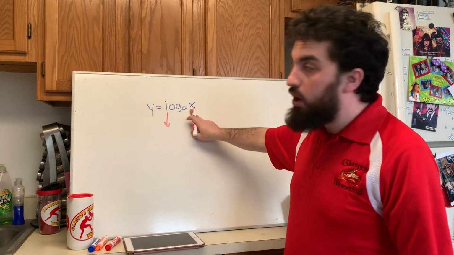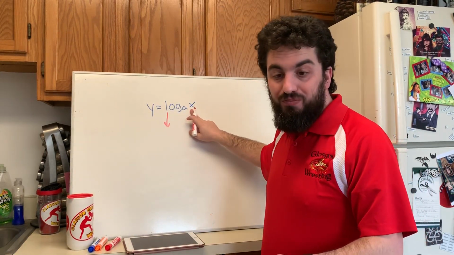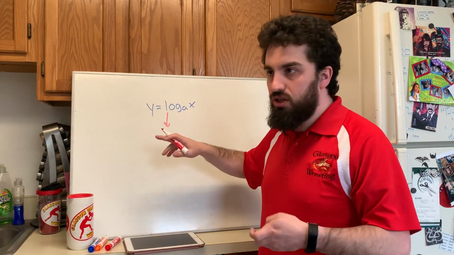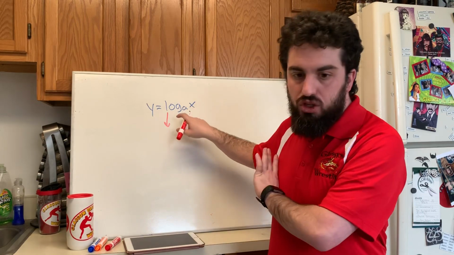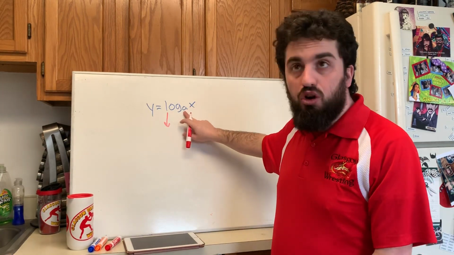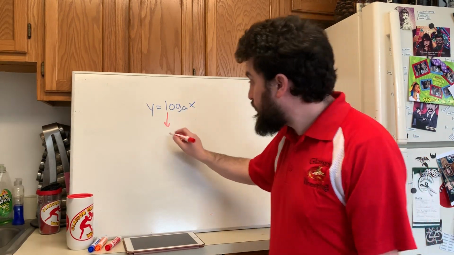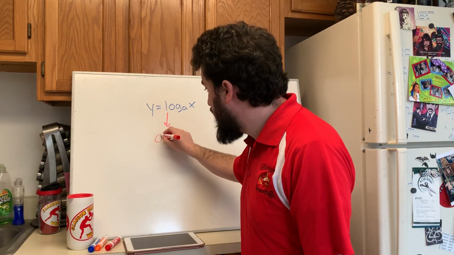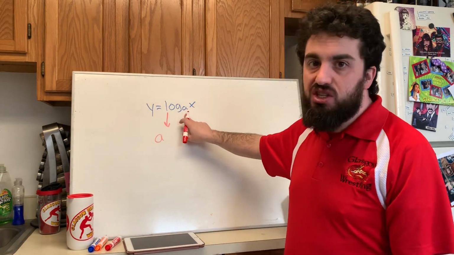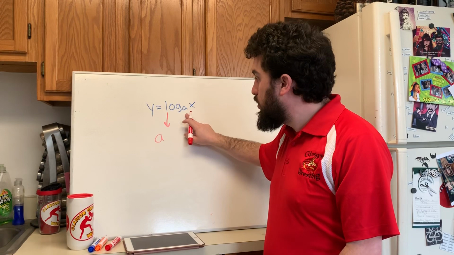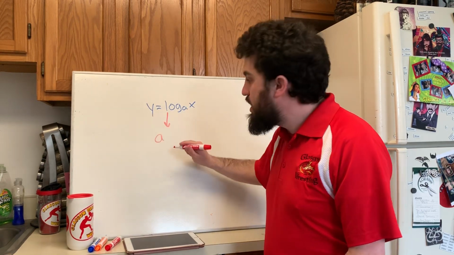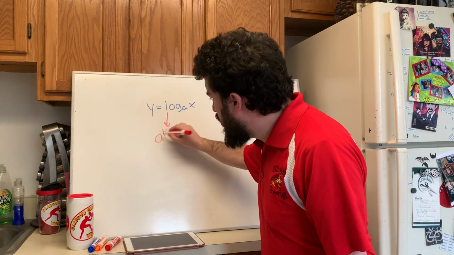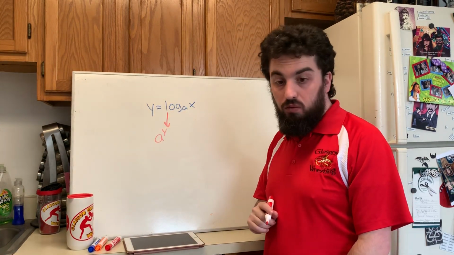Let's start here. This starts with base a. So that's going to start with a as being the base of the exponent. Whatever the log is equal to, that is the exponent itself.